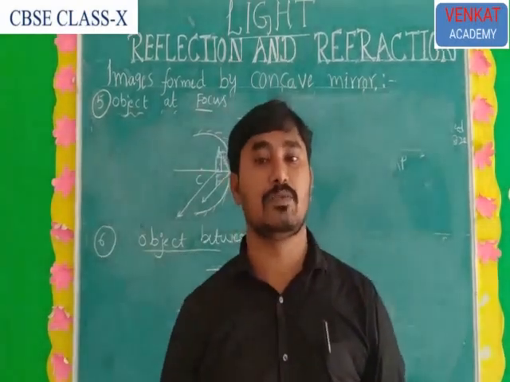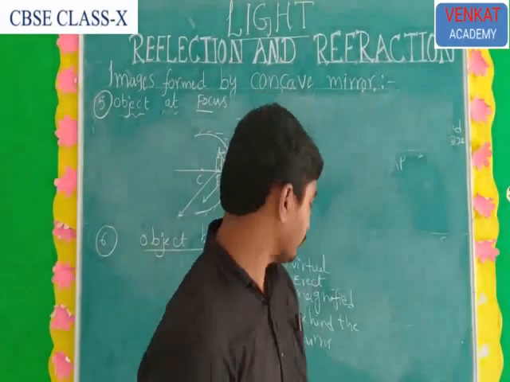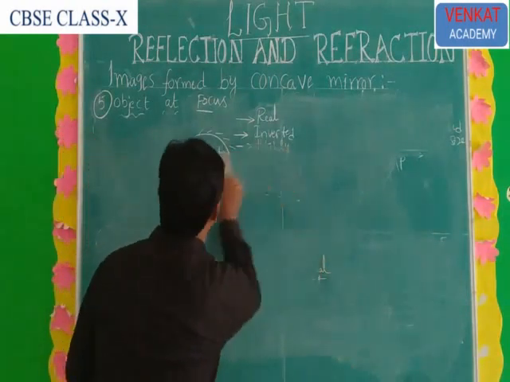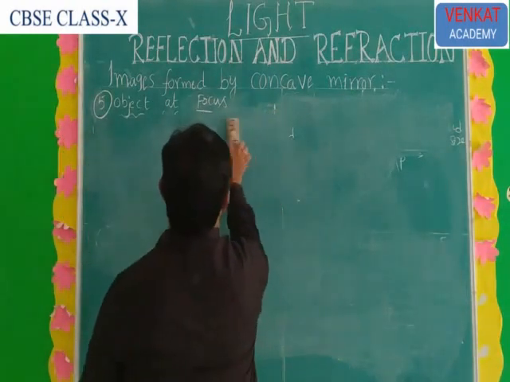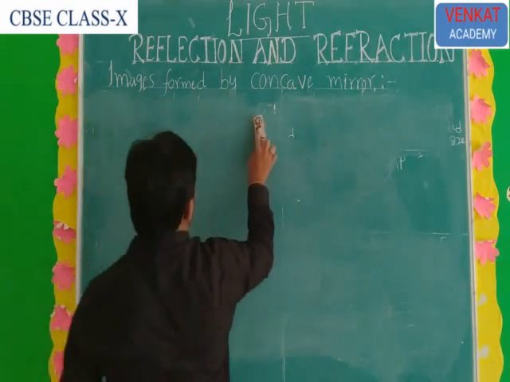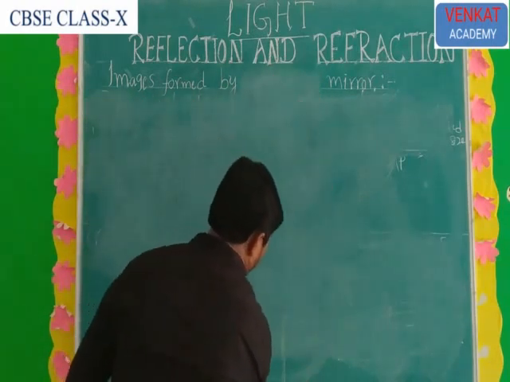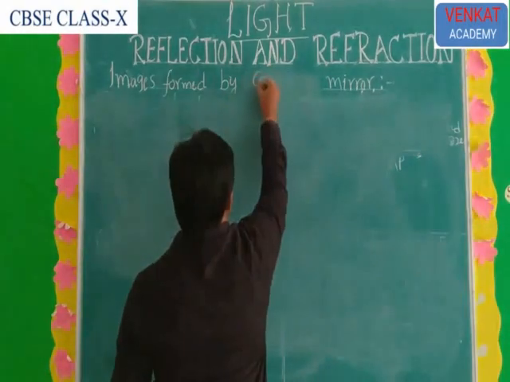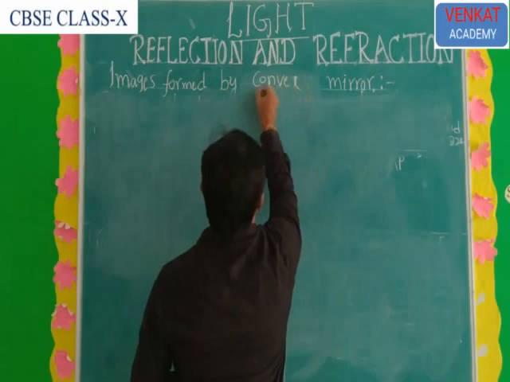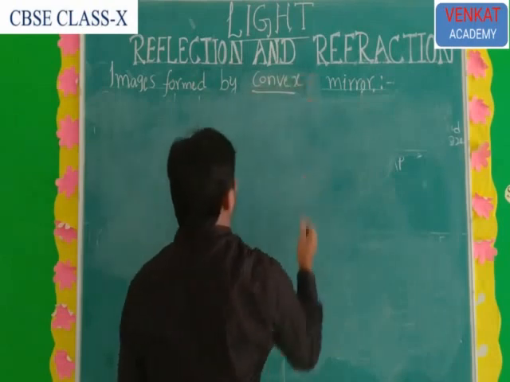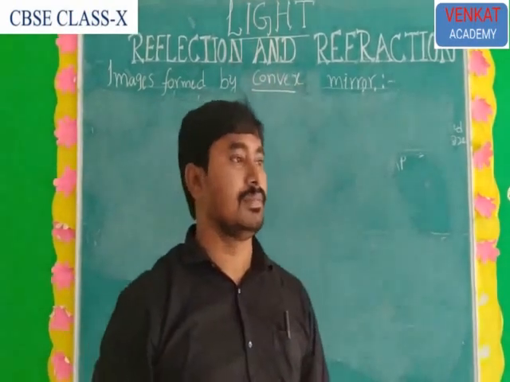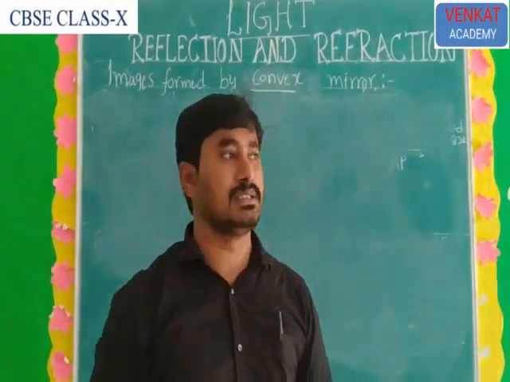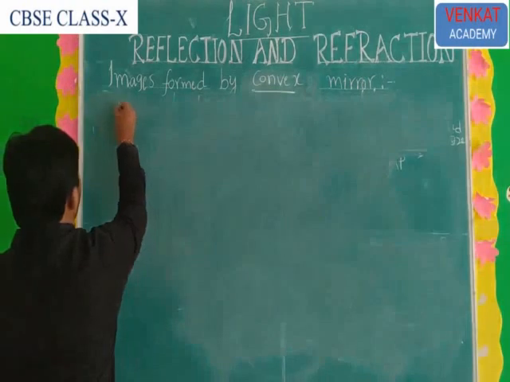Next one is image formed by convex mirror. Here only two conditions are there. Why two conditions? First see the diagram.